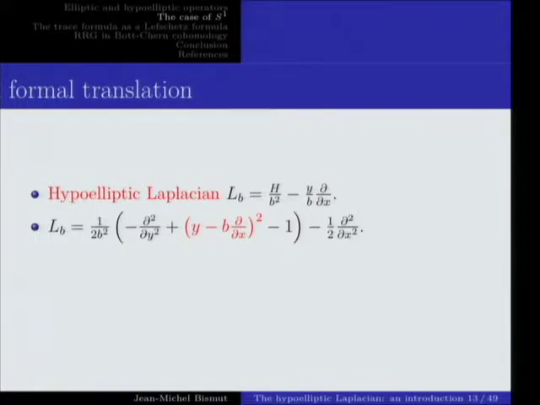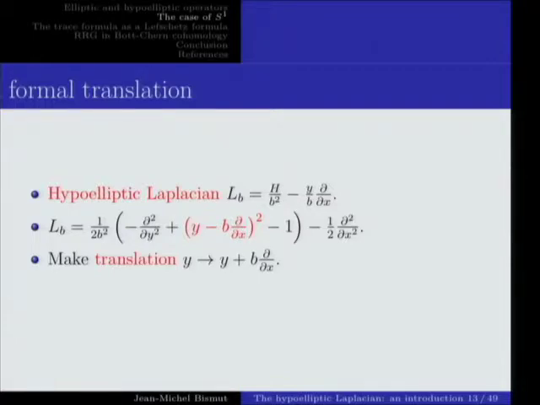So we do, in some sense, exactly the same reduction of squares as we did in the computation of the Fourier transform. That is, we combine the y squared with y d over dx, and we get something like this. What we want to do then is make a formal translation y goes to y plus b d over dx. Why do we want to do this?